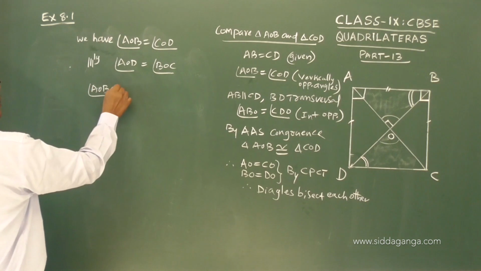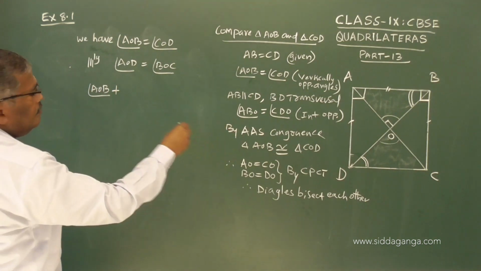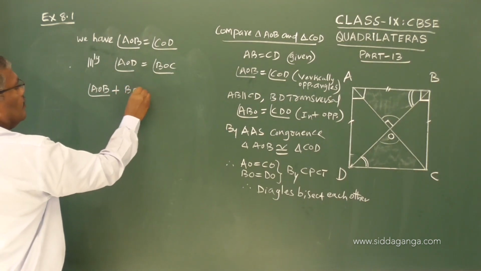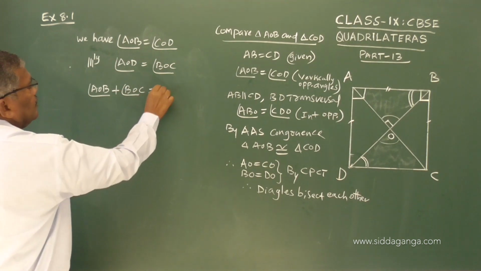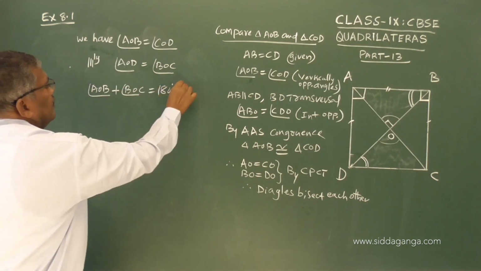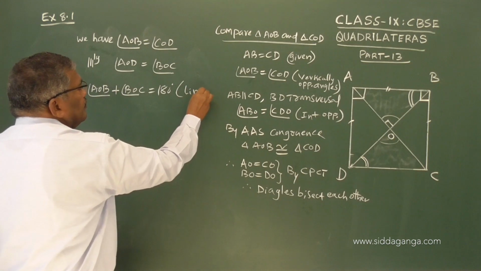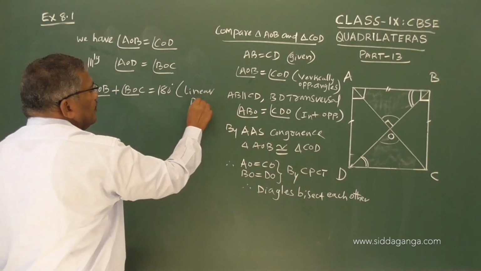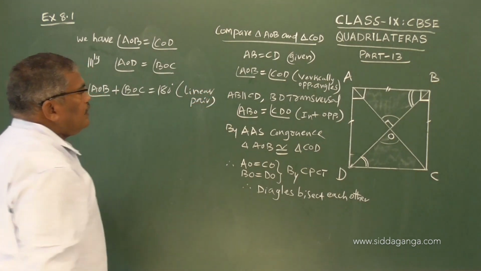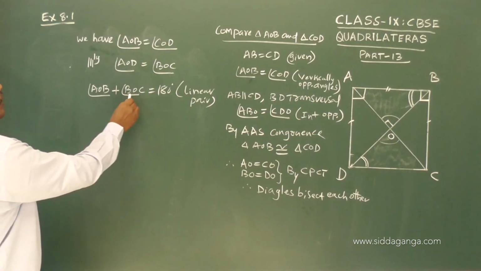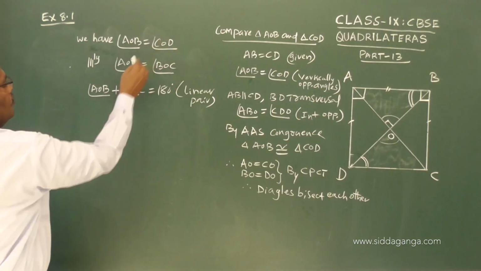AOB plus BOC is equal to 180 degrees, linear pair. But these two are equal, AOB equals COD.